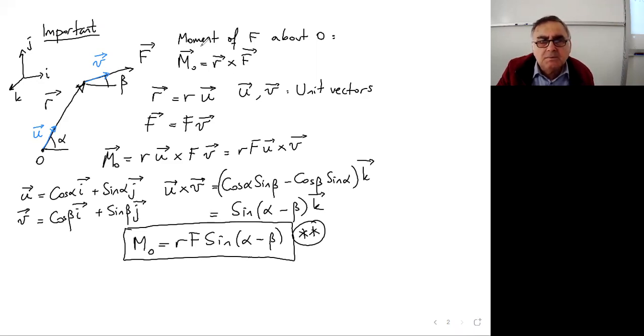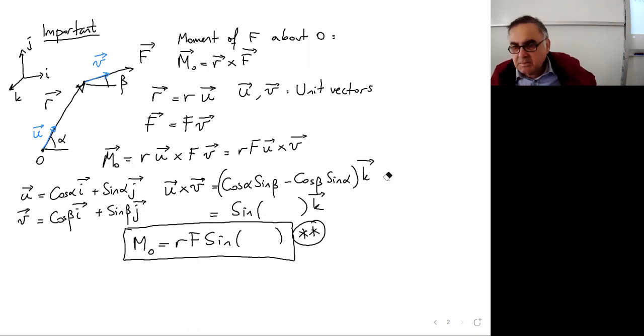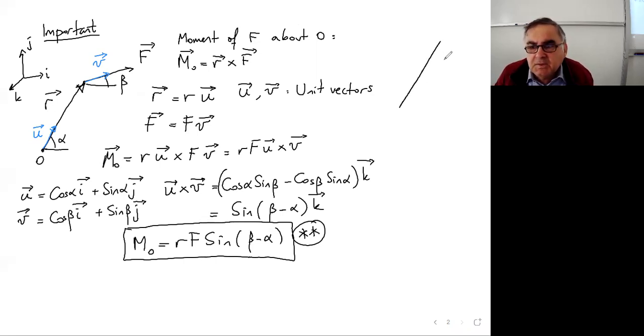Yeah, that's right. Actually, it is so in my notes, but I somehow wrote alpha minus beta. This is beta minus alpha. Thank you. So we have, in our case, something like this.